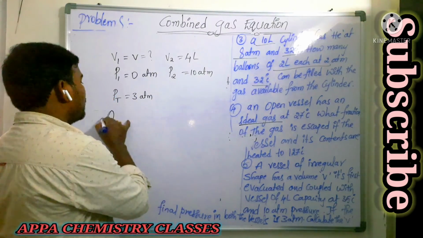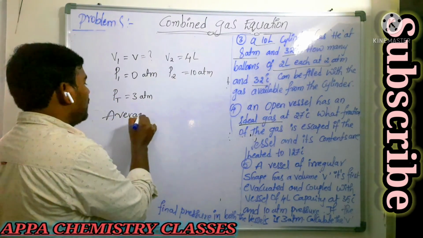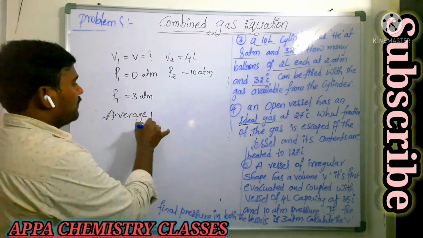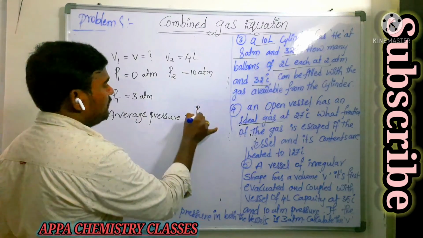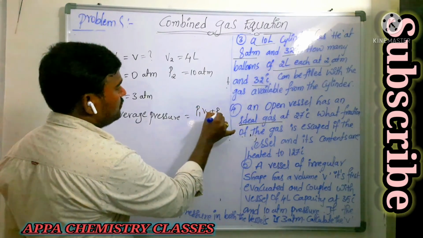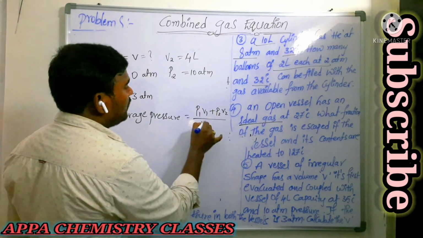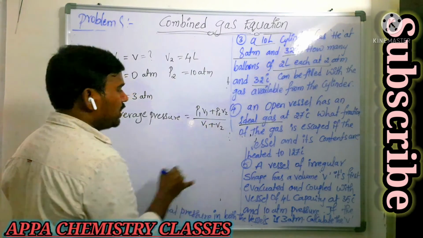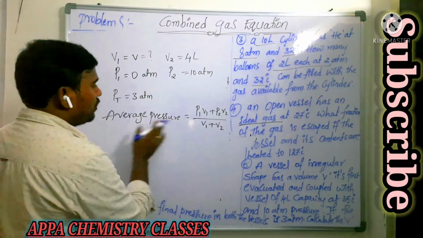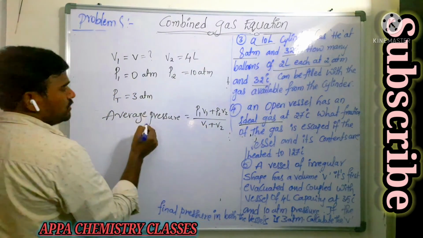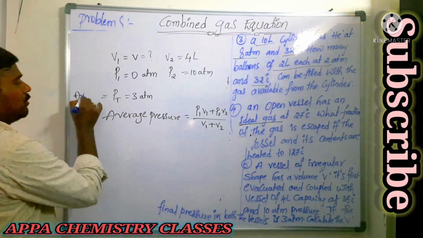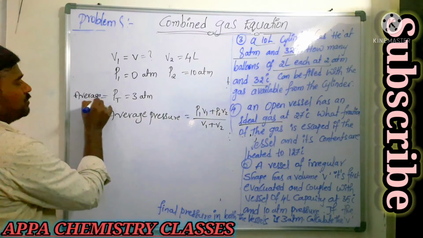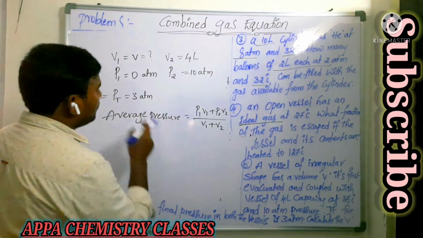If you want to calculate the average pressure, how do you get it? That is (P1 V1 plus P2 V2) by (V1 plus V2), the total pressure. The average pressure in both the vessels will be 3 atmosphere.